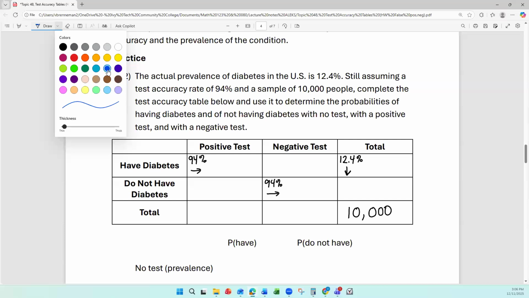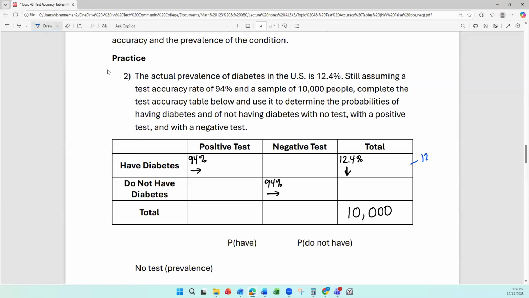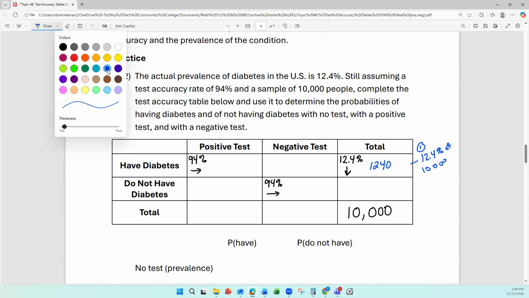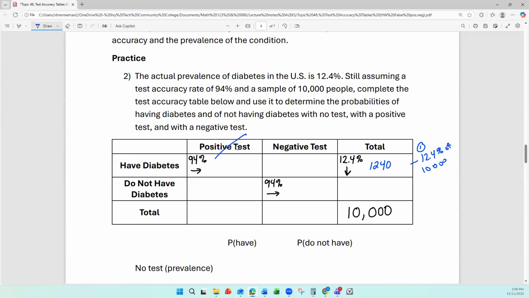So starting with finding the total that have diabetes: 12.4% of 10,000. So that's 1,240. And just to show I can go in a slightly different order, once I have this, I can go ahead and do the rest of this row. So now the positive test for those that have diabetes is 94% of 1,240.